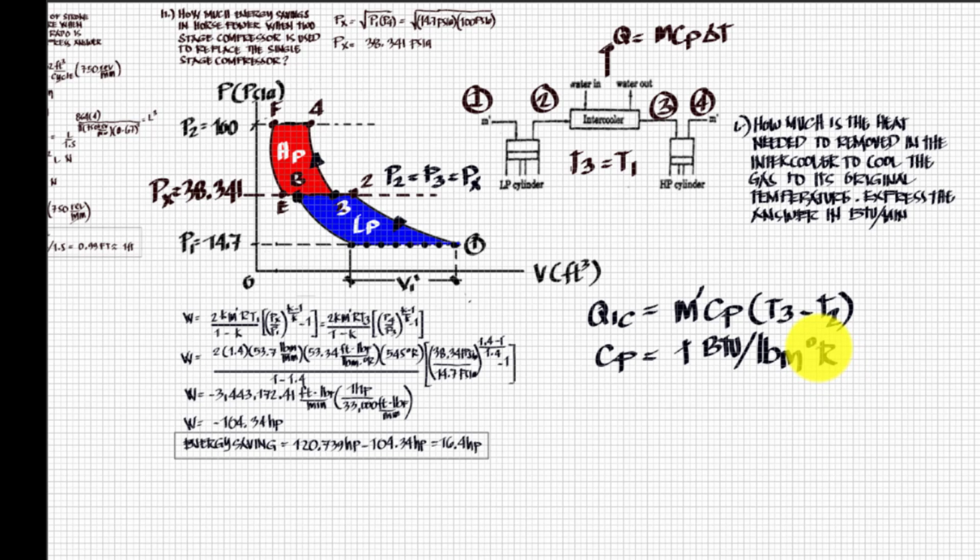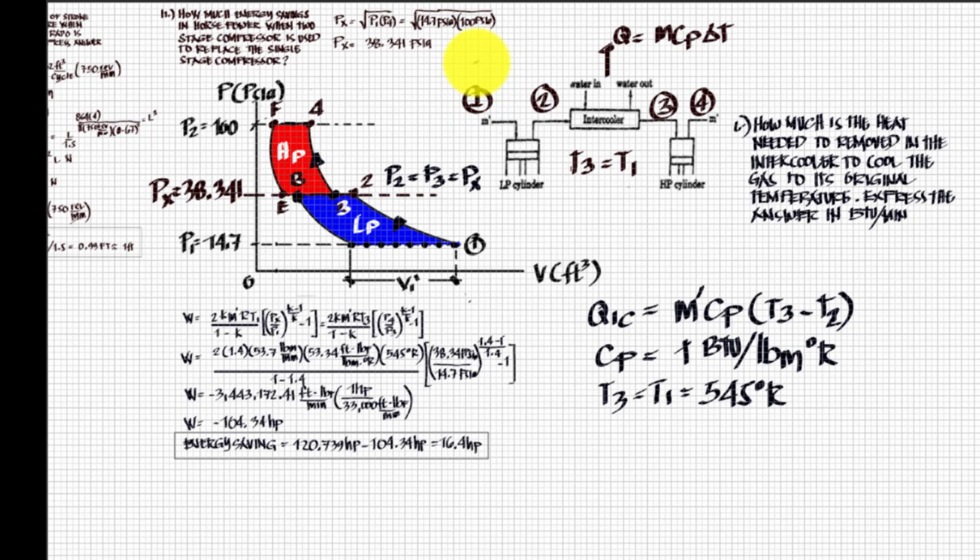Then for the temperature T3, we don't have that. Do we have the temperature T2? That is not given in the problem, but our T3 will be equal to T1, which is equal to 545 degrees Rankine, returning the temperature of the gas to its original point, which is initially given in the problem as T1.